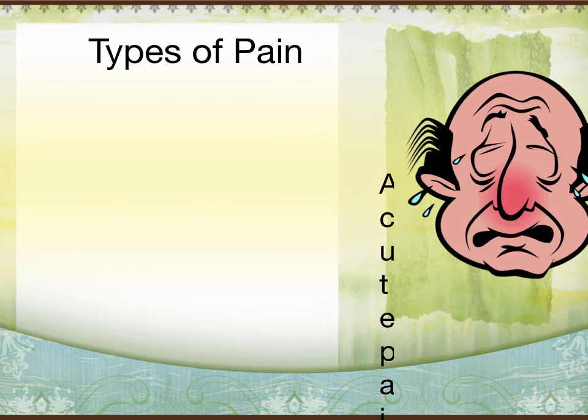For exam purposes, I want you to know what nociceptive pain is and what an example of nociceptive pain is. Nociceptive pain is the type of pain classified by underlying pathology. Neuropathic pain is also classified by underlying pathology.